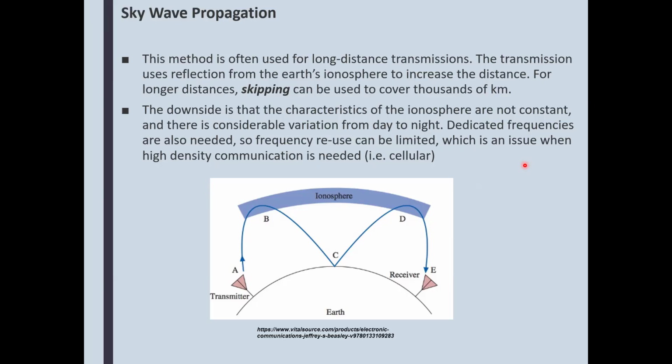Because of increased activity on the sun, in this 11-year cycle, it creates an extra layer. And some of the frequencies can puncture through the ionosphere, but they get caught and reflected from the second layer, where they can travel further distances.